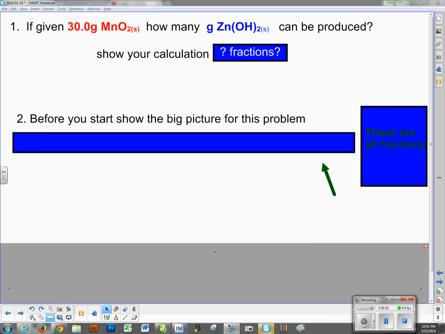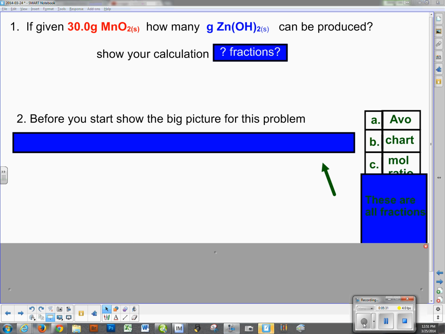And I want you to remember that these are all factors that we have used so far. Some of them or all of them will apply to this problem, but not necessarily all three. So take a minute and see if you can get the big picture. Stop the recording.